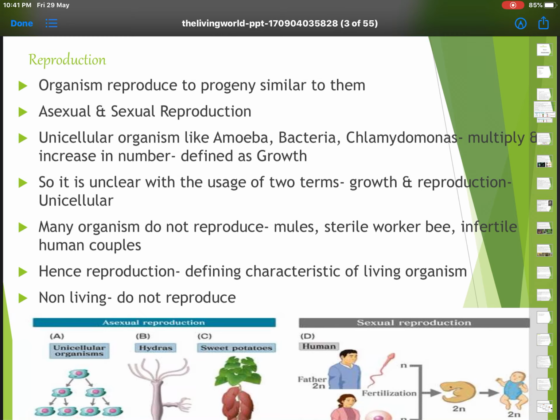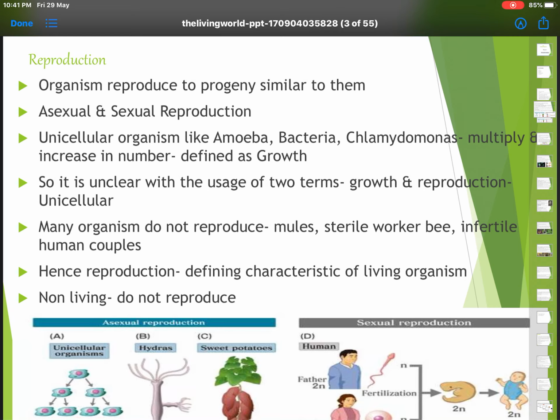As I said just now, unicellular organisms like amoeba, bacteria, chlamydomonas, they multiply their numbers just because of mitosis. And there is not much difference between this reproduction and growth. So it is clear with the use of the two terms, growth and reproduction happen together in unicellular organisms.